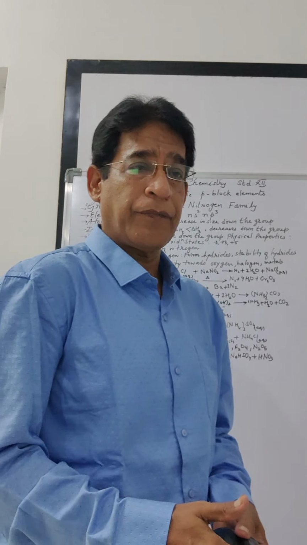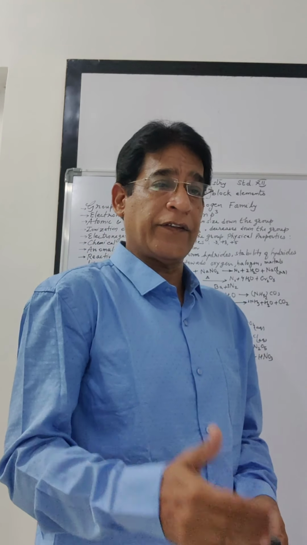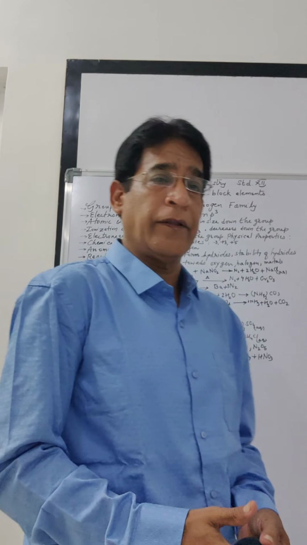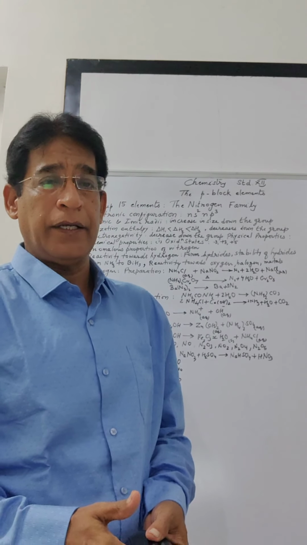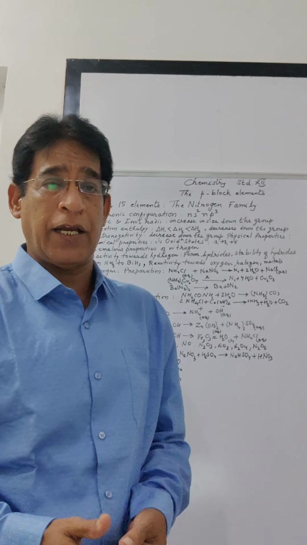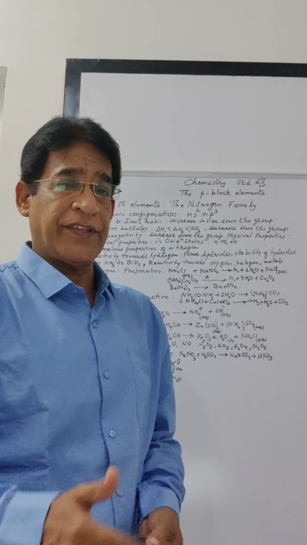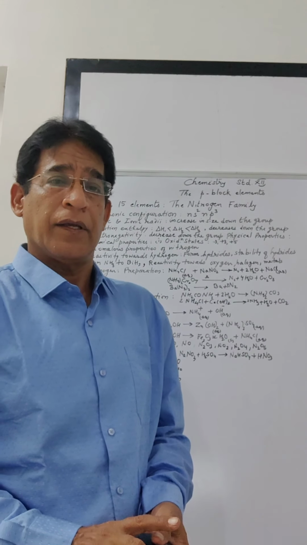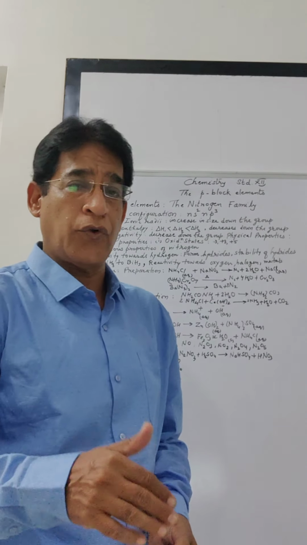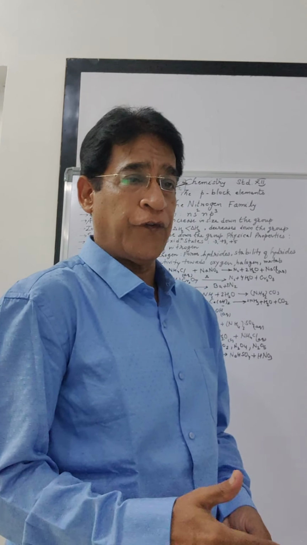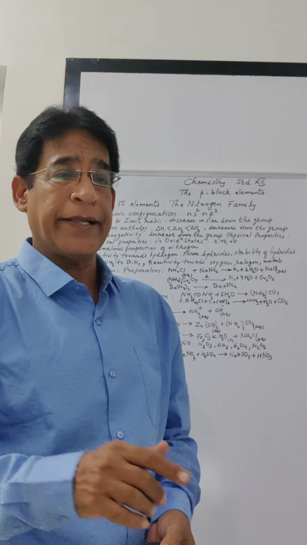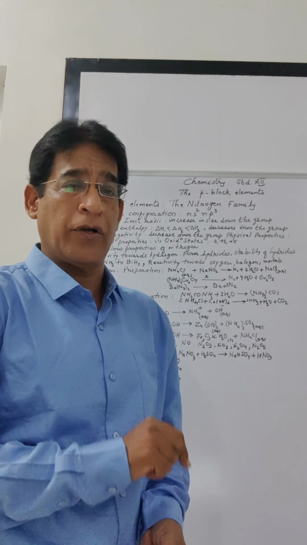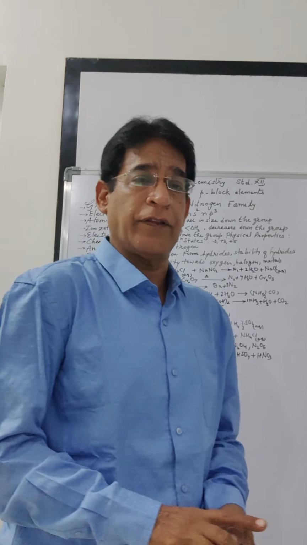Another factor which affects the chemistry of nitrogen is the absence of d orbitals in its valence shell. Besides restricting its covalency to 4, nitrogen cannot form dπ-pπ bond as the heavier elements.